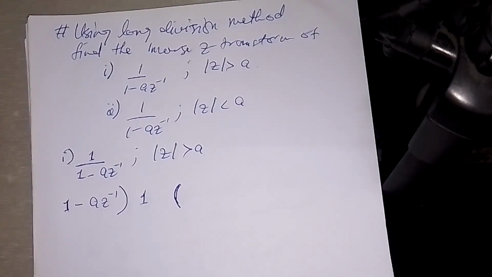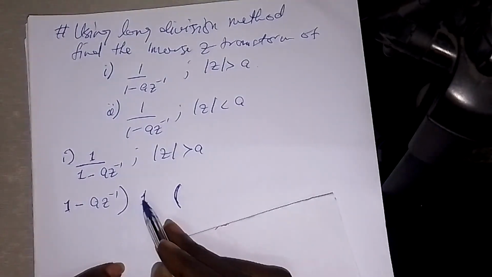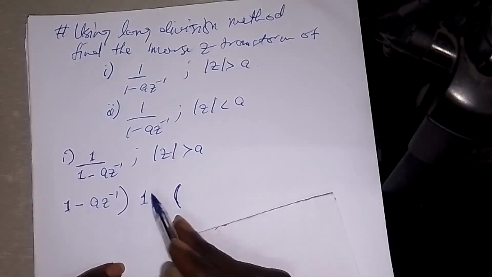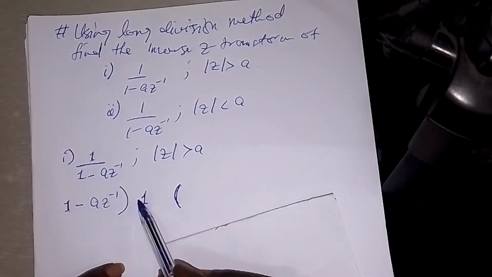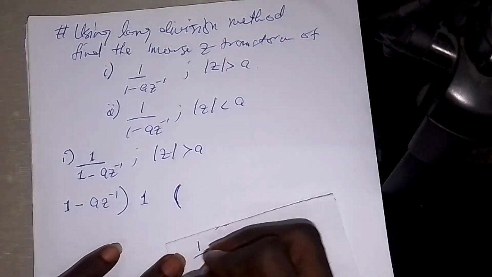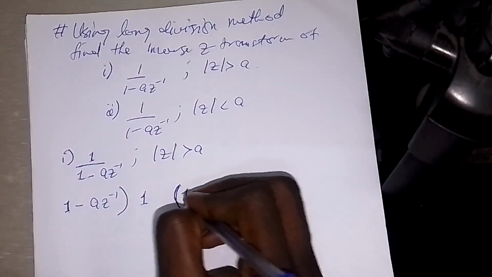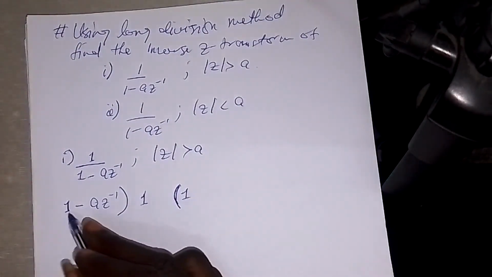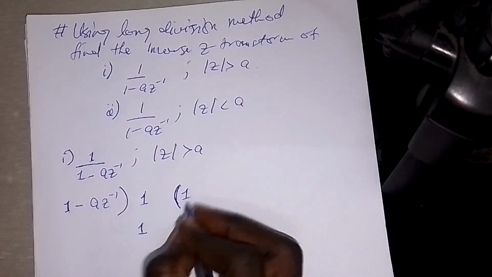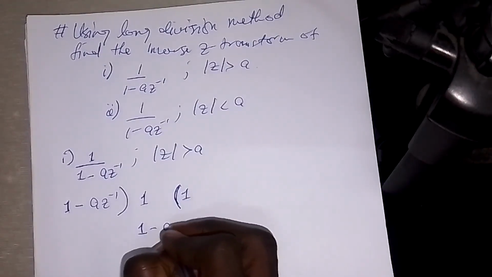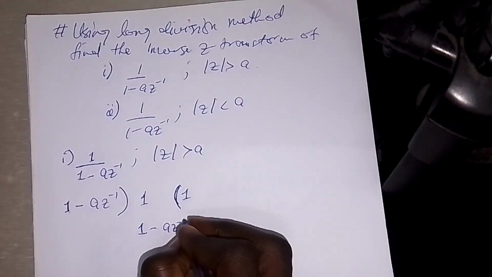So we are going to divide this number by this number. 1 over 1 is equal to 1, so I'll write 1 here. Now 1 multiplied by 1 gives 1, and 1 multiplied by this gives a z to the minus 1.